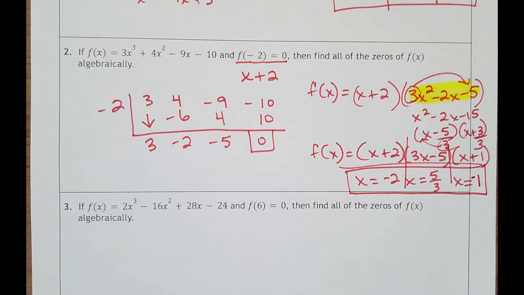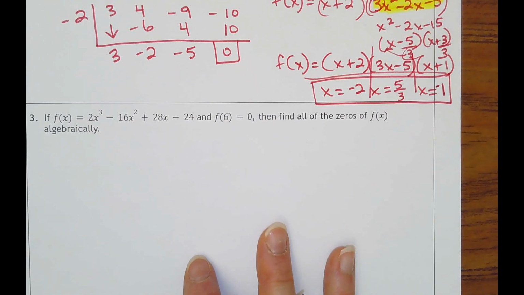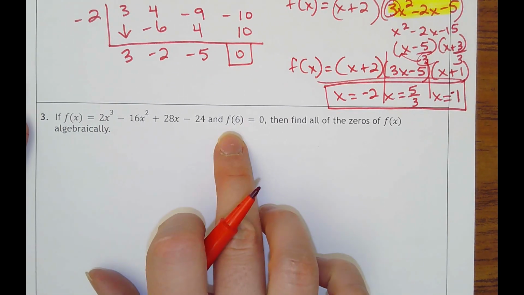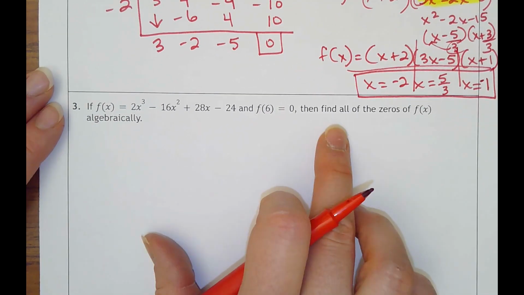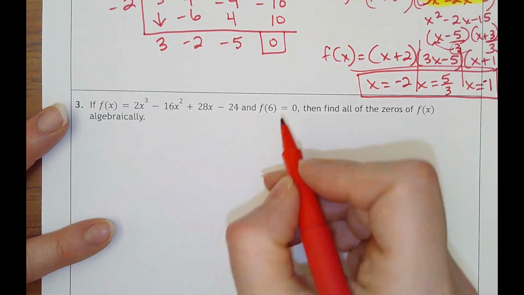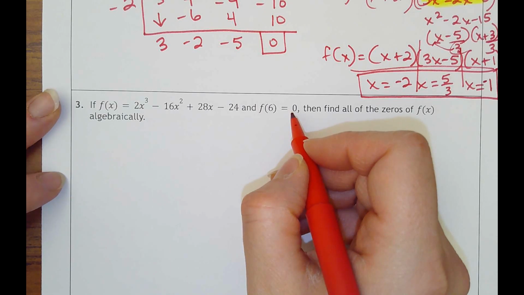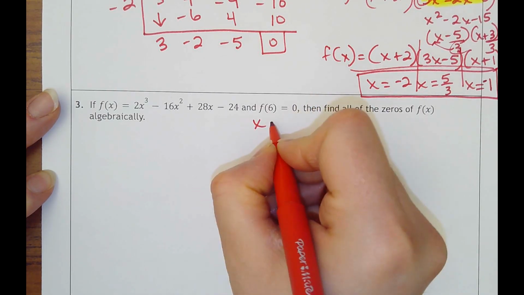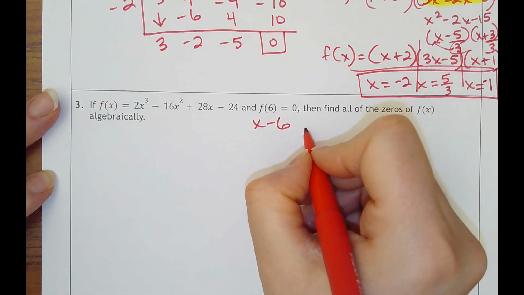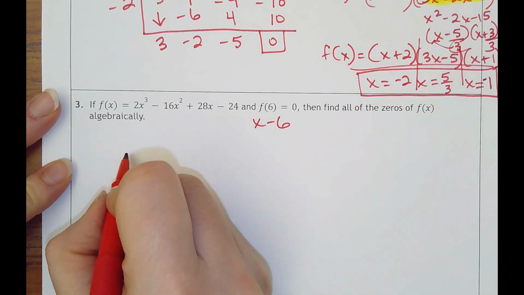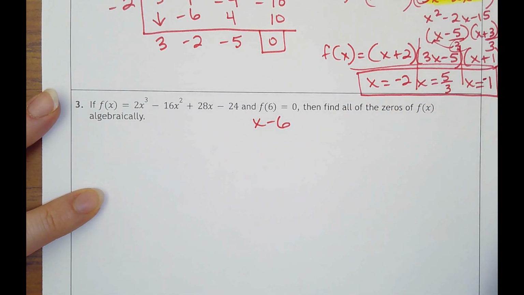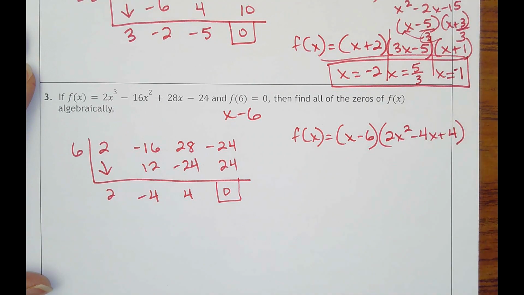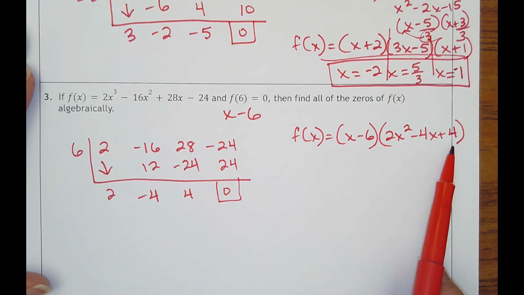And the last one, if this function f of x is this and f of 6 equals 0, find all the zeros algebraically. And so this again tells you that x minus 6 is a factor. So go ahead and do your synthetic division. And you should end up with this, which then means it's 2x squared minus 4x plus 4.